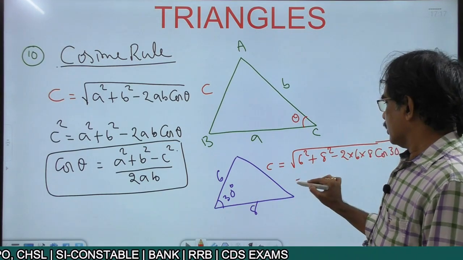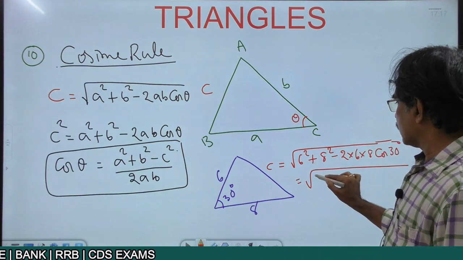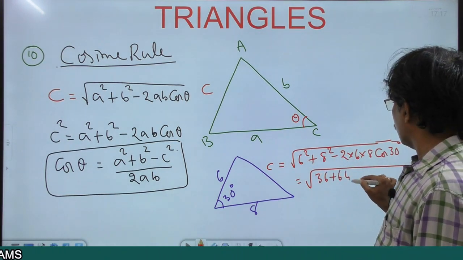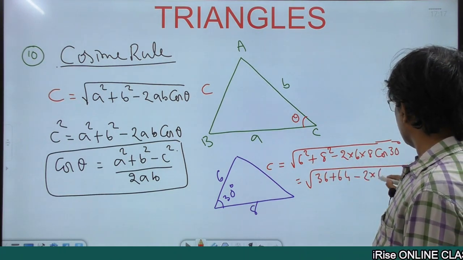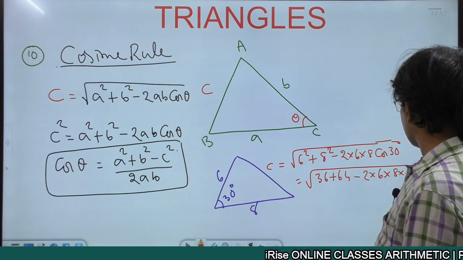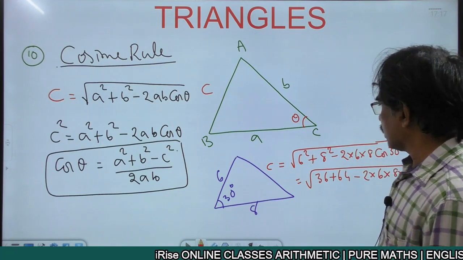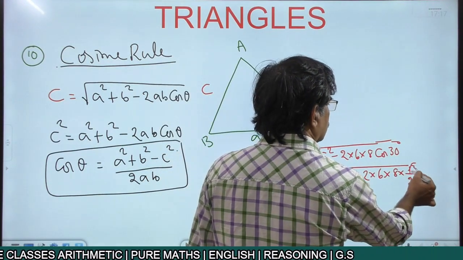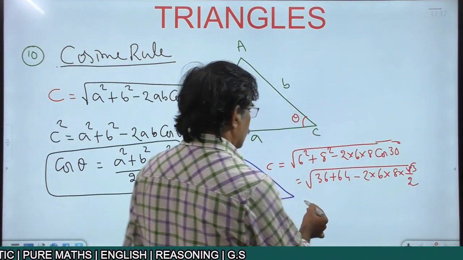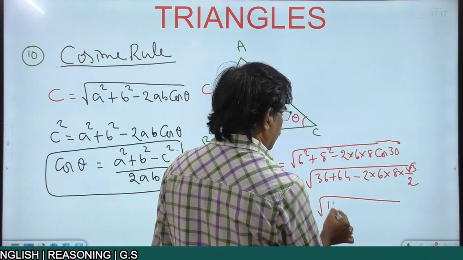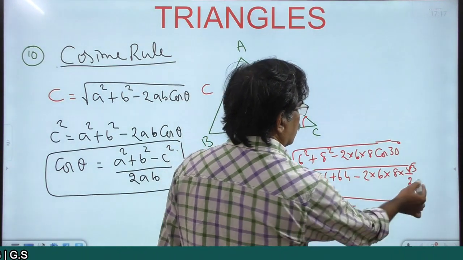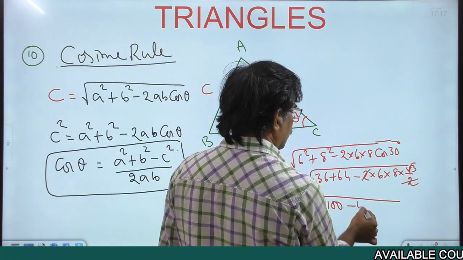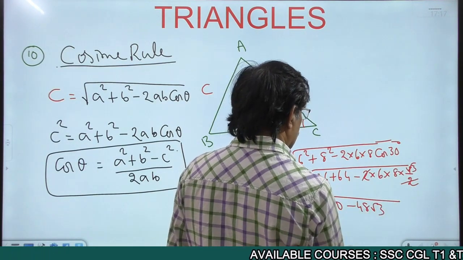This is equal to root of 36 plus 64 minus 2 into 6 into 8 into cos 30, and cos 30 is root 3 by 2. This is nothing but root of 100 minus 2 cancels, 48 root 3.